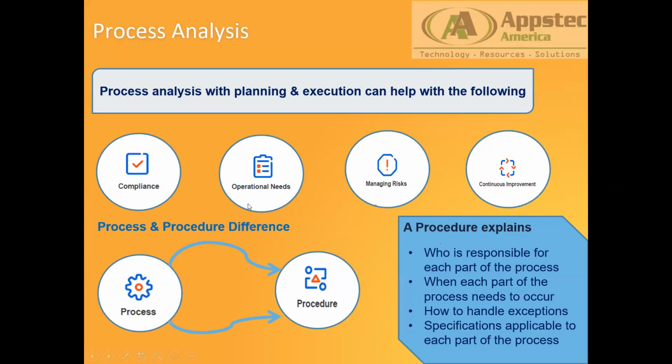Now, what is process analysis for us? Correct. So process analysis helps us to do the planning and the execution that can help with whether my process is compliance related. Compliance means, let's say, when you log into certain website, you need to enter the captcha code, right? This is an additional security. Now, entering a captcha code is actually not allowed through any robot or automation, because this is for a human security level intervention.